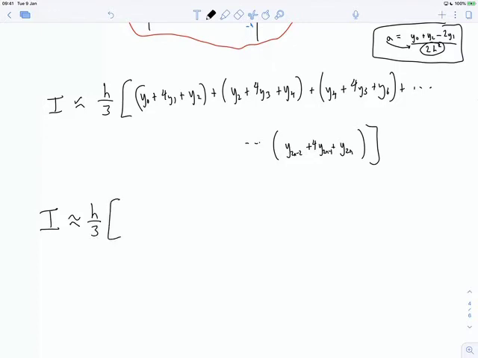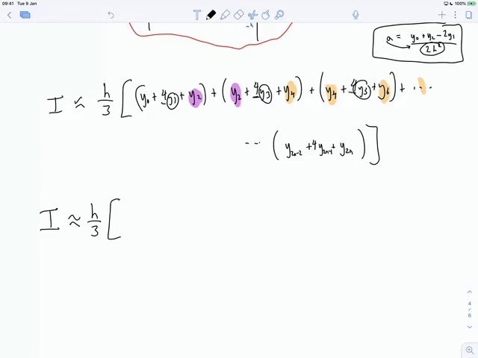And then, well, let's have a think about this. There's a y2 here, but there's also a y2 there. There's a y4 there, and there's a y4 there. There's a y6 there, and there'll be a y6 over there. Can you see that when there's odd y's, so y1s, y3s, y5s, there's going to be 4 of them.